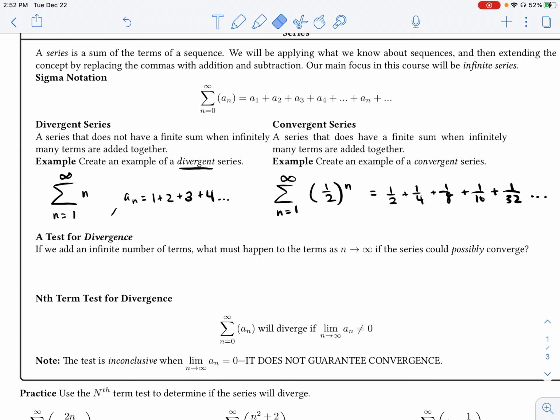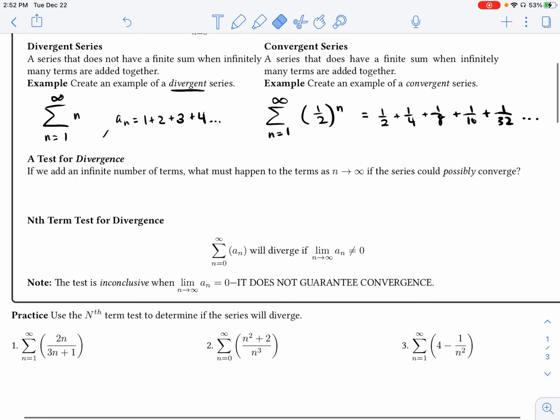Now, there are a number of tests that we will explore in this course to determine convergence of a series. In fact, we'll probably spend a good chunk of Chapter 8 discussing these tests. There is, however, a divergence test, and it's one of the first tests we'll learn in this course.